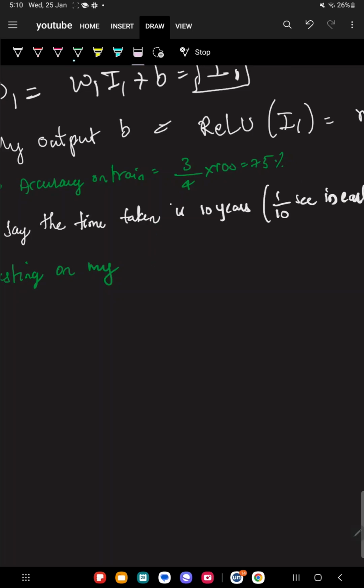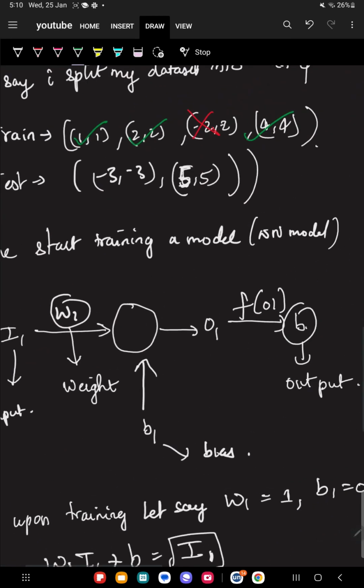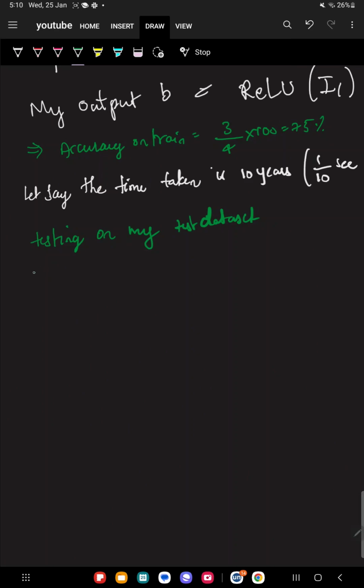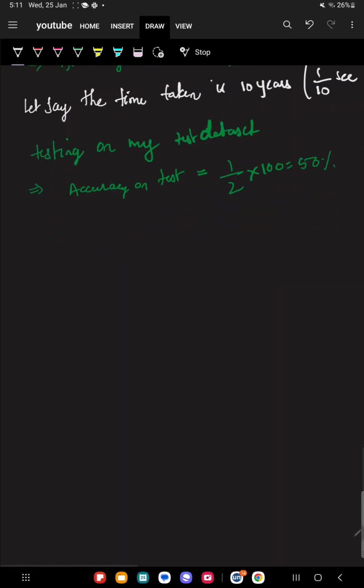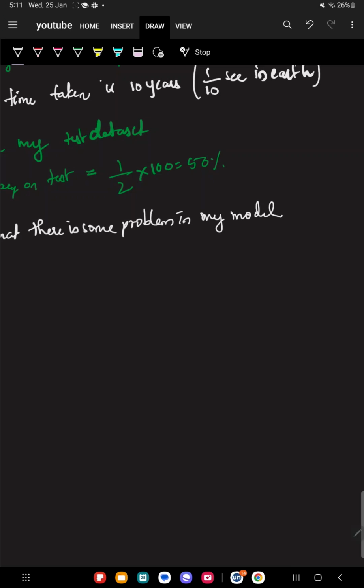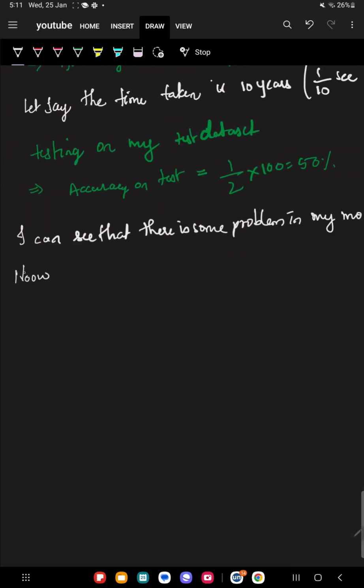Now, let us test the performance of the model on my testing dataset. My test dataset contains two data points and one is negative, that will go wrong, and hence the accuracy is 50%. Now, I can see that there is some problem in my model as there is a difference between test accuracy and train accuracy.